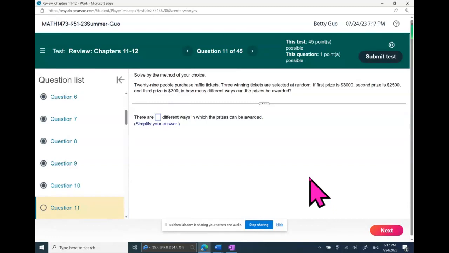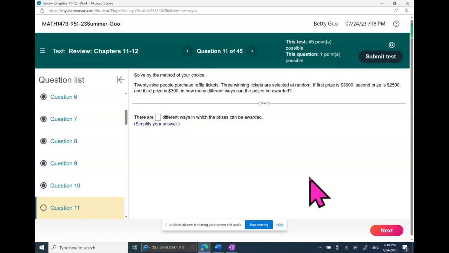Number 11, solve by the method of your choice. 29 people purchase raffle tickets. 3 winning tickets are selected at random. If the first prize is $3,000, the second prize is $2,500, and the third prize is $300, in how many different ways can the prizes be awarded?